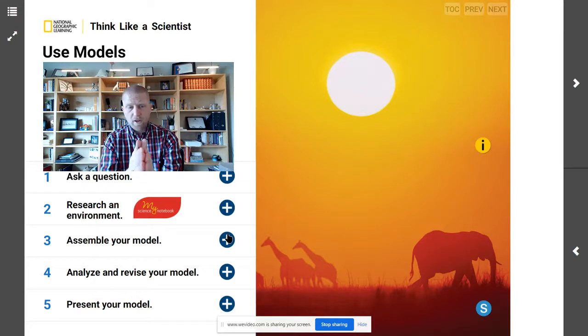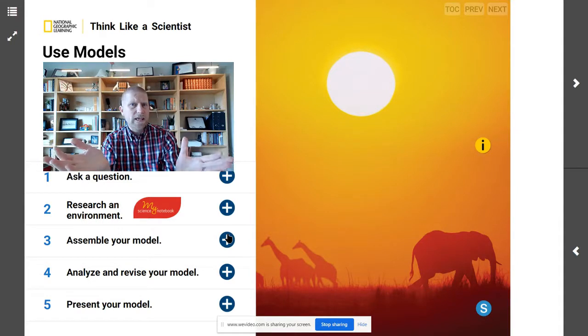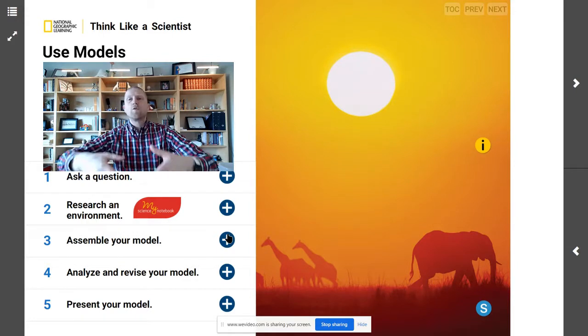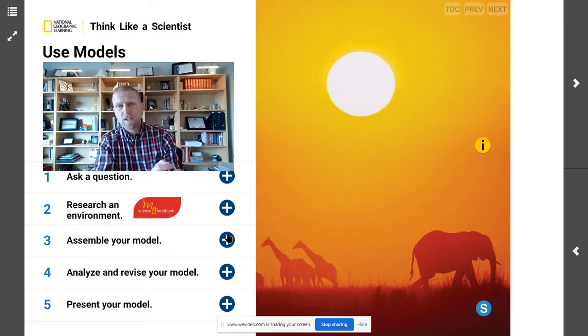Be a critical thinker. Find a unique ecosystem if you can. Find a unique and curious food chain where maybe you want to know how a food chain works for a narwhal. Maybe you want to know how a food chain works for a grizzly bear. Maybe you want to know how a food chain works for a salamander. Because in every one of these situations, we are always asking ourselves the same question.